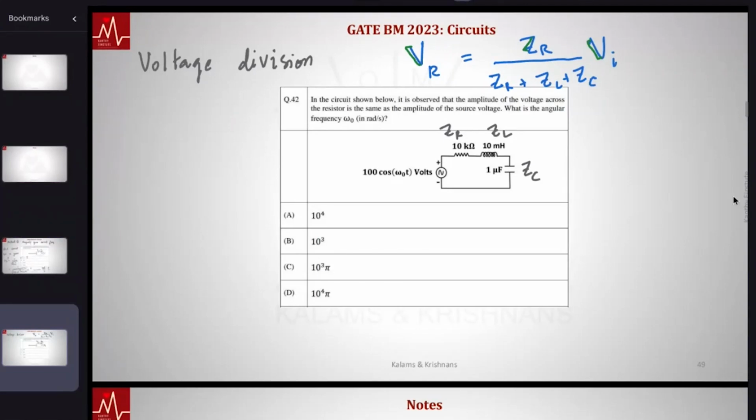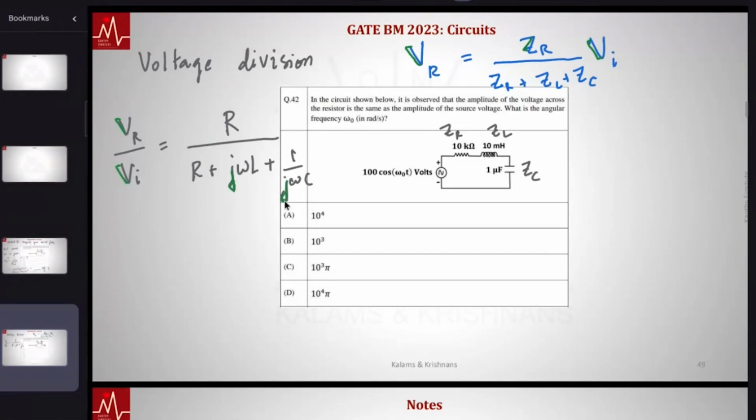Now notice your VR by VI equals ZR is R, ZL is j omega L, ZC is 1 by j omega C. What we are saying is, notice these are all complex numbers. They have an amplitude and a phase.